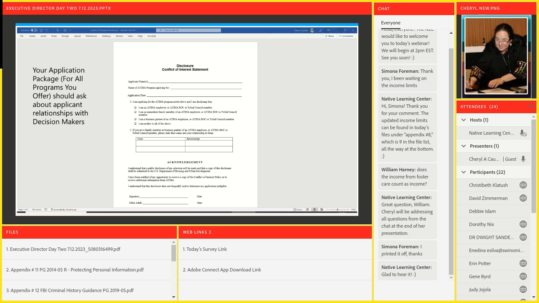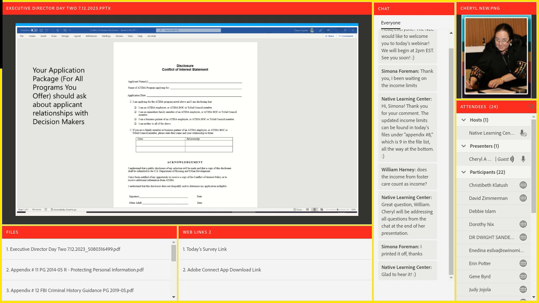Or I'm an immediate family member of an employee, a board of commissioner, or a tribal council member. I'm a business partner because conflict of interest stretches out to business partners and prospective employers also. I am a business partner of an employee, board of commissioner, or tribal council member. Or I am neither to all of the above. If you are a family member or a business partner of an employee, board of commissioner, or tribal council member, please state their name and your relationship.